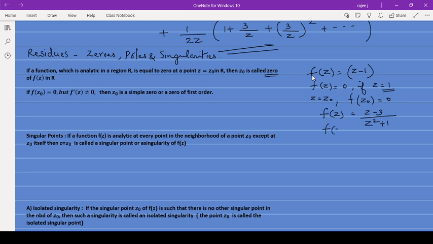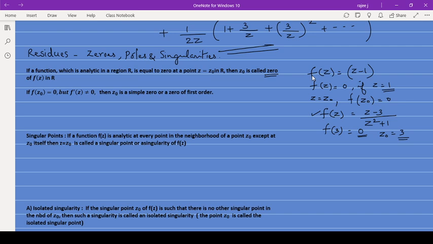If I put f(3), then 3 minus 3 is 0, 0 upon something, which again becomes 0. So here z0 is the point 3, and the zero of this function f(z) is 3. So to get the zero, you put the numerator equal to 0, and the value of z you get will be the zero of that f(z).